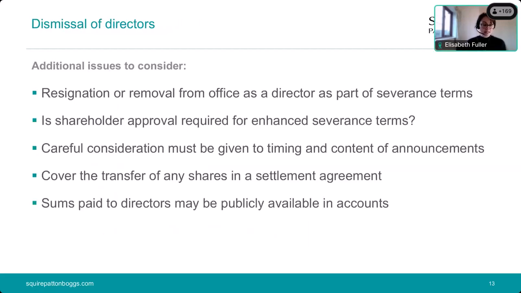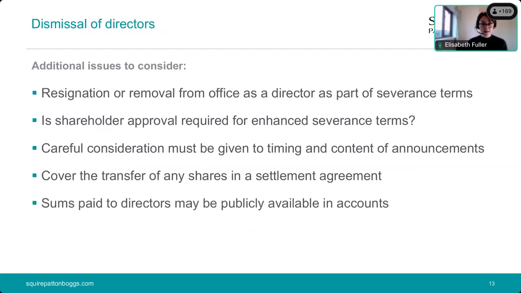Okay, so directors. When you're dealing with an employee who's a director and negotiating settlement terms with them, then there are some additional things that you need to consider. So the removal of an employee as a director will need to be dealt with specifically as part of the terms of their settlement, as directorship and employment are separate roles.